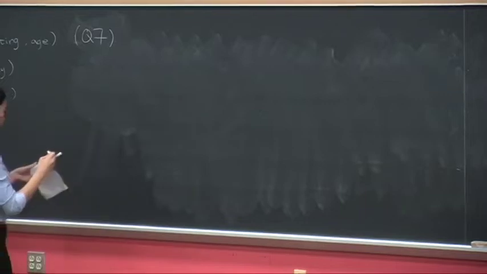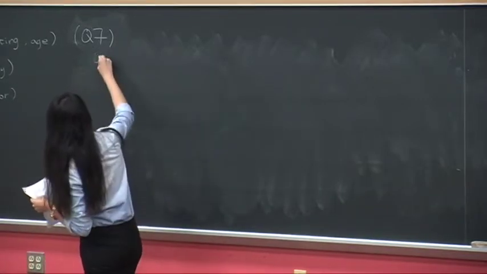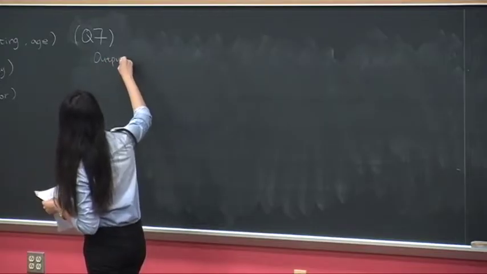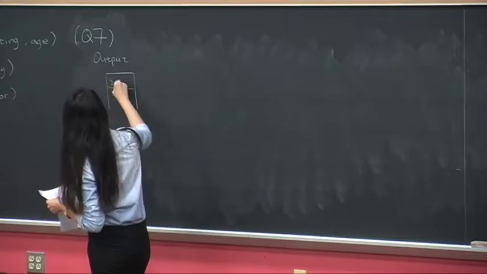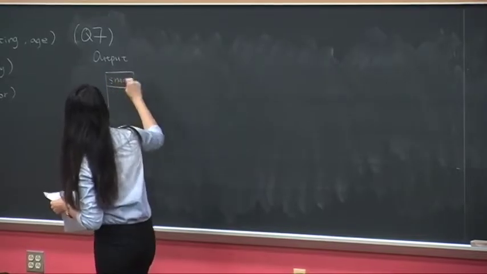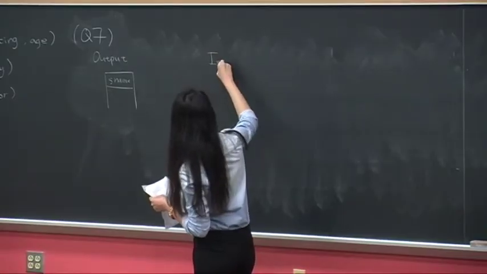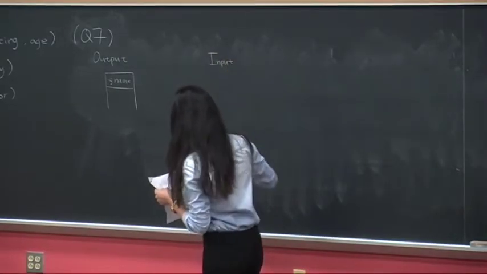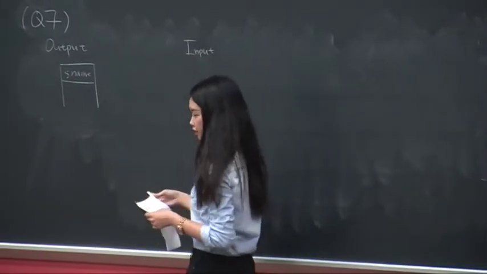Let's not write that down yet. But if you think of it, I say the output is here. The output in the end, because we are asking for S name, so we only have S name, right? And the input will be, because we want S name, it has to come from sailors, right?